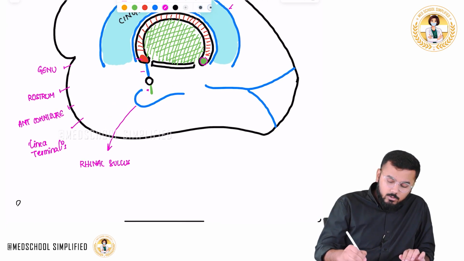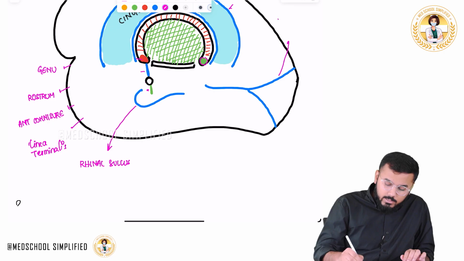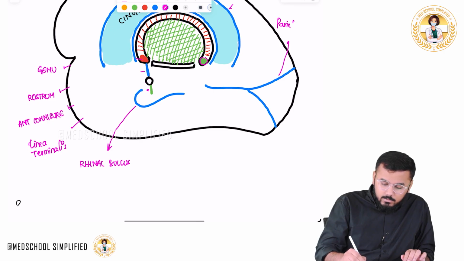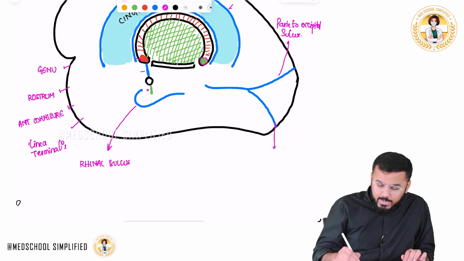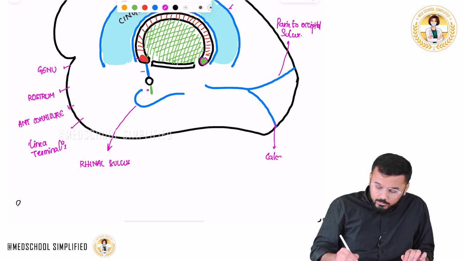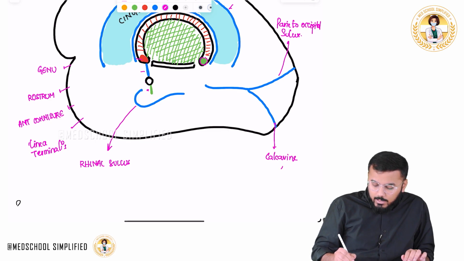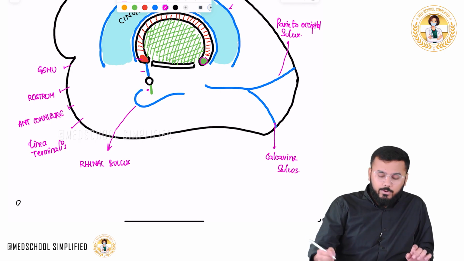Let me write that also. This sulcus over here is called as parieto-occipital sulcus. And this sulcus over here is called as your calcarine sulcus.